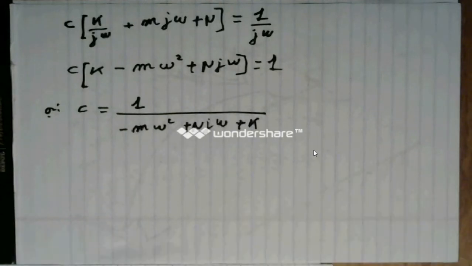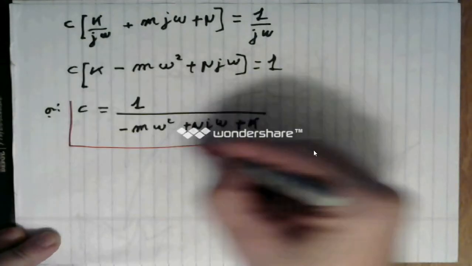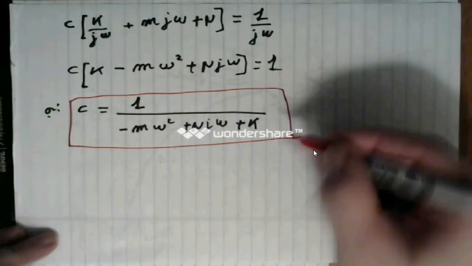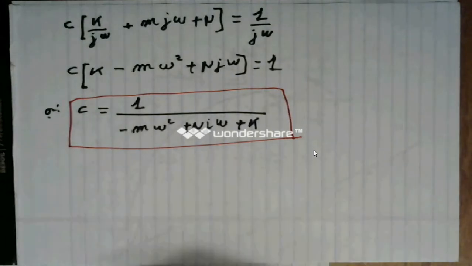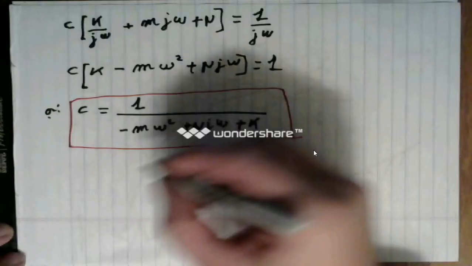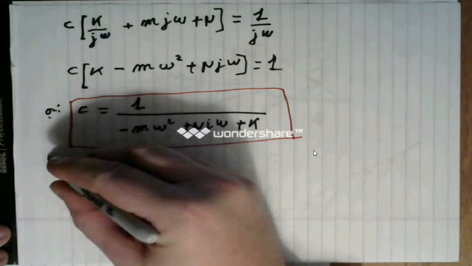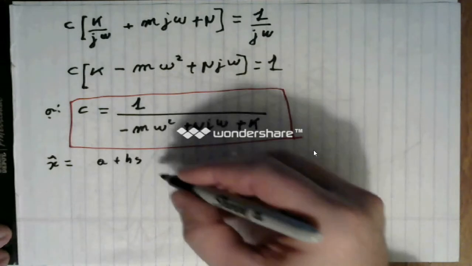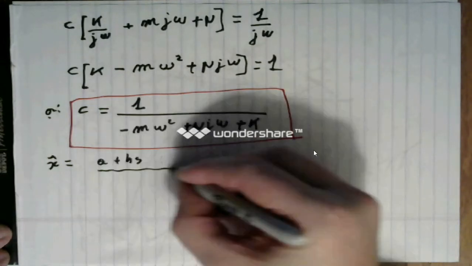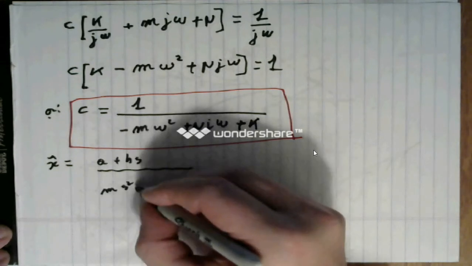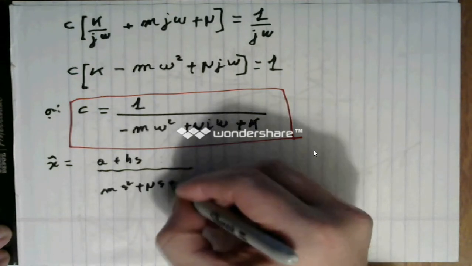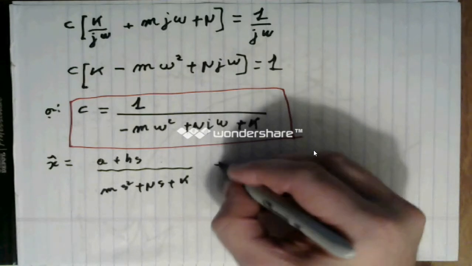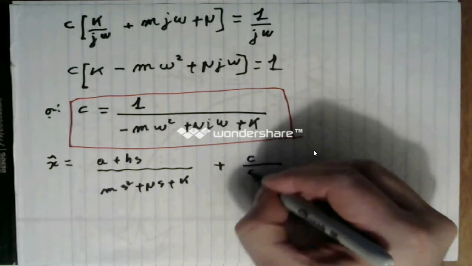Now this is fairly important, and let me explain to you why. Without even going to the computation of A and B, we therefore have that x hat is equal to A plus BS divided by ms squared plus mu s plus k plus C over s minus j omega.